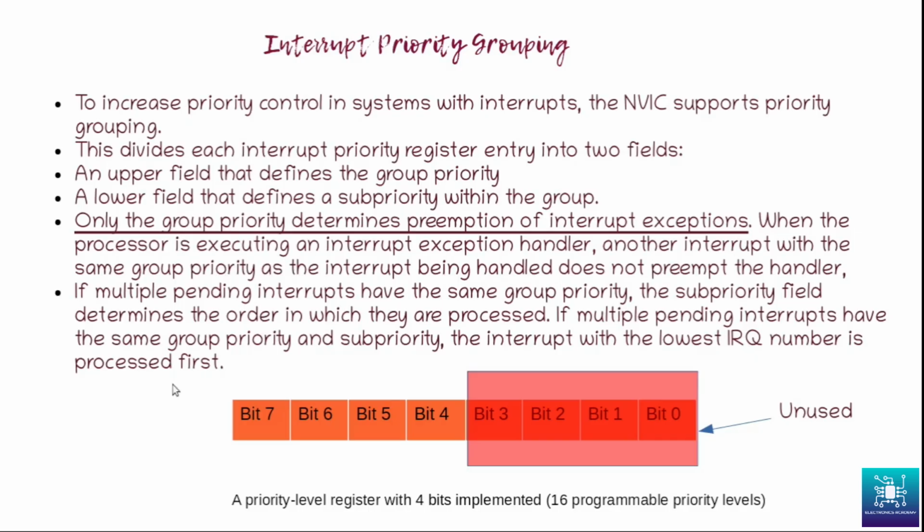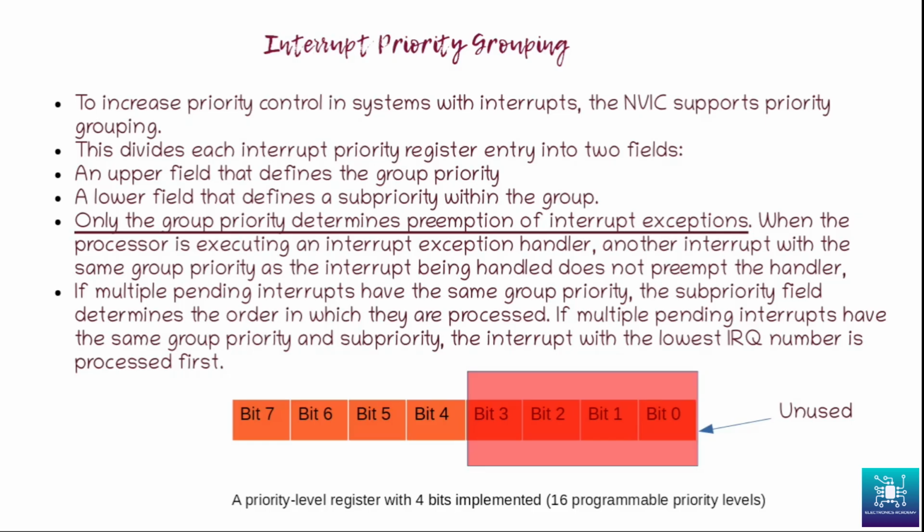Now, if you have the same group priority and sub priority, as we said, it will be based on the actual interrupt number, as we saw the numbering from 0 to 85 in the case of our controller.